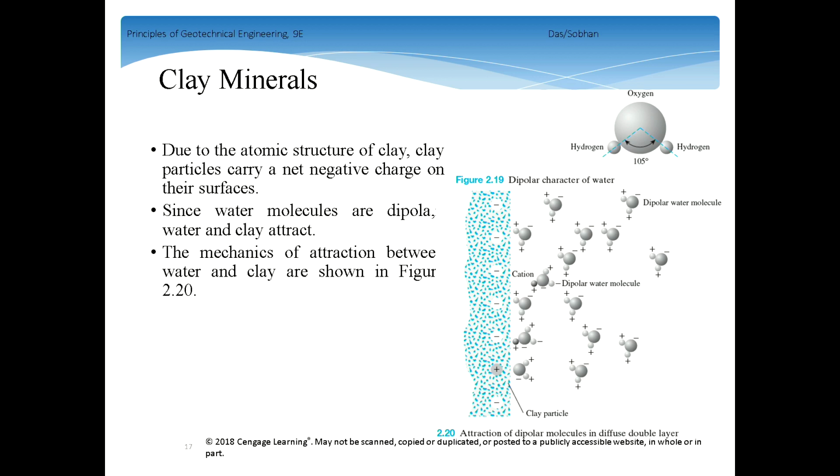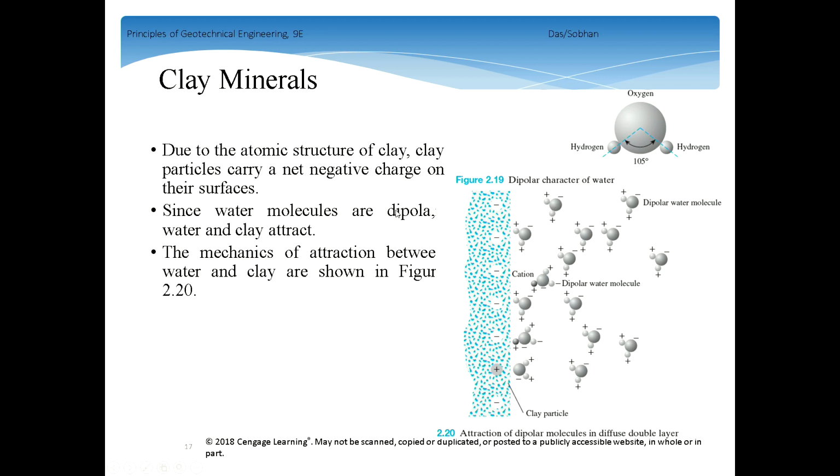So why can the water attach on those particles? Because of the charge, because of a charge on the surface of those particles. So a clay mineral always has a negative charge on the surface of soil particles. And you know that this is the chemical structure for the water, right?